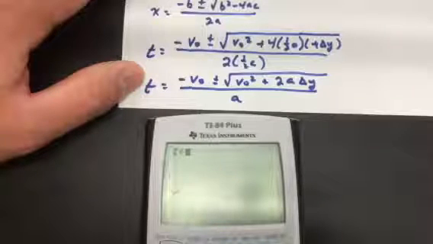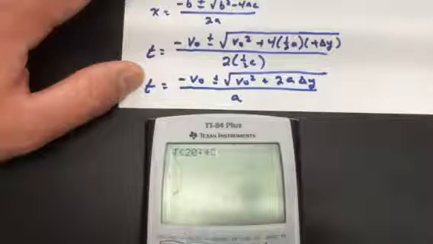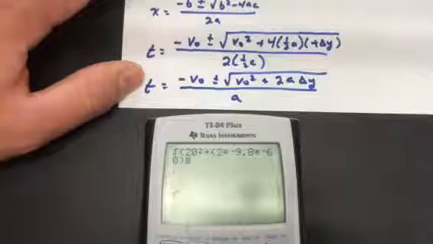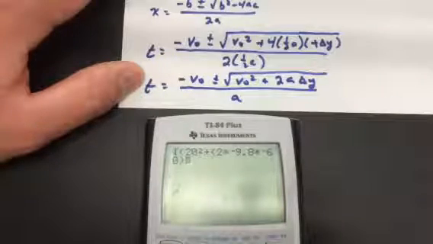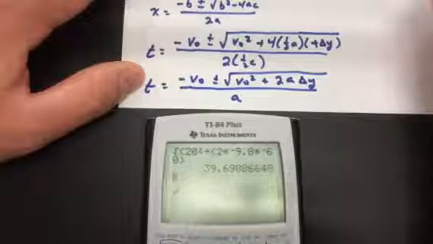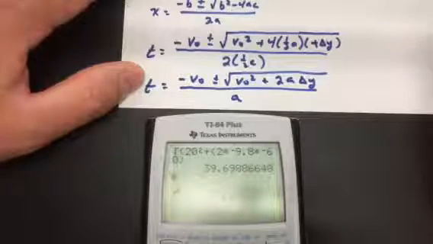So the square root of v naught squared, which is 20 squared, plus 2 times negative 9.8 times negative 60. It's very important to have all those negatives in there correct. If we hit enter, we see that we get 39.7.